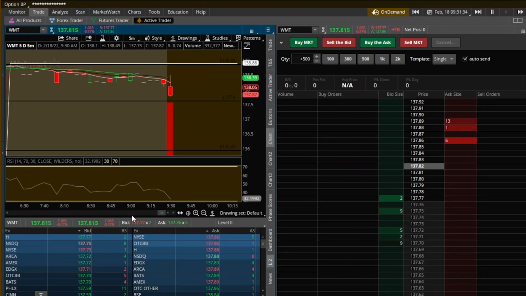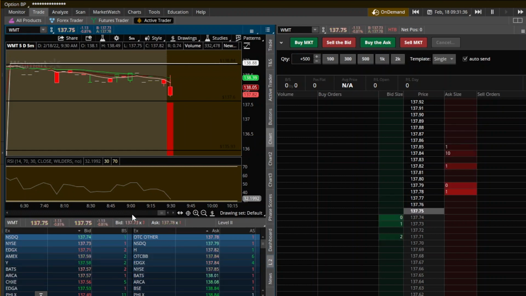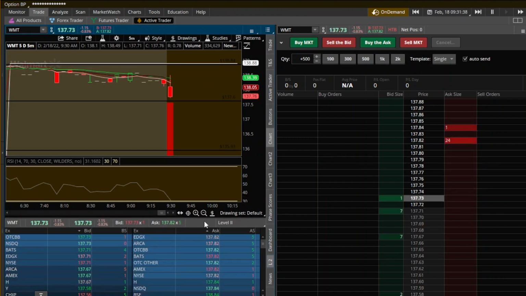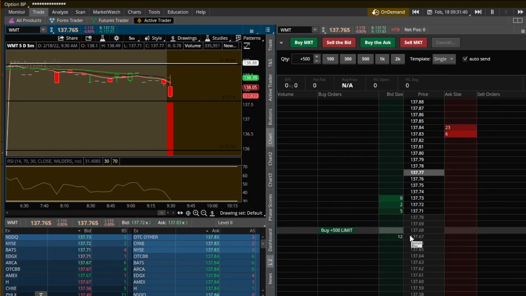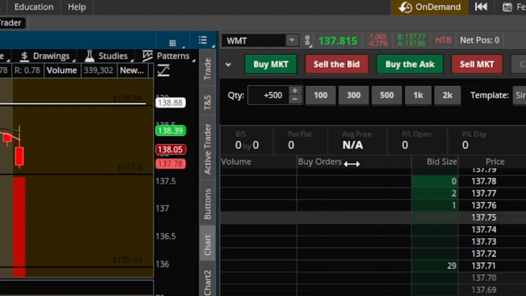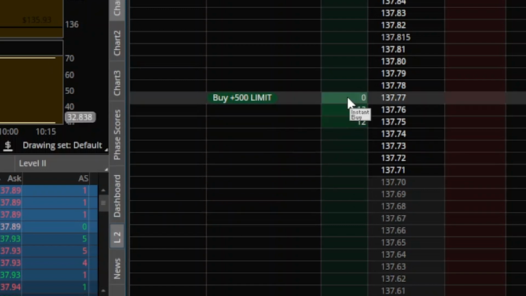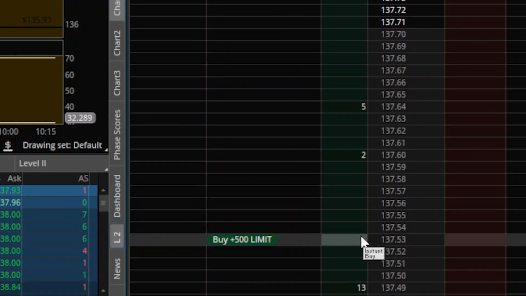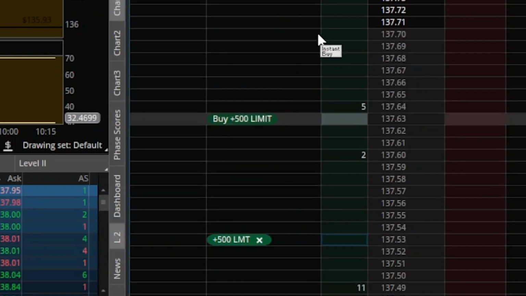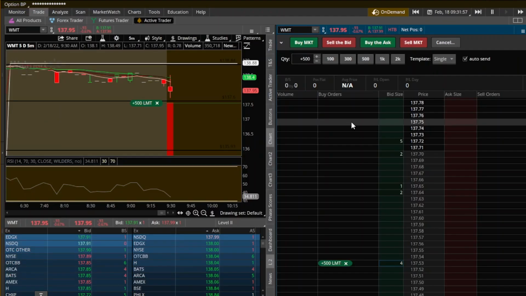Keep in mind, I would be watching the overall market as I'm watching these levels as well. So we're coming down. I'm just going to go ahead and set me an order. 500 at, let's just go here. Right at my level for my watch list. See if we can get filled.